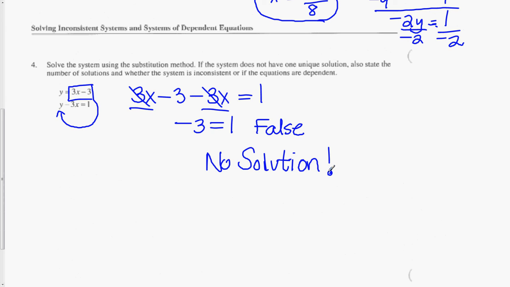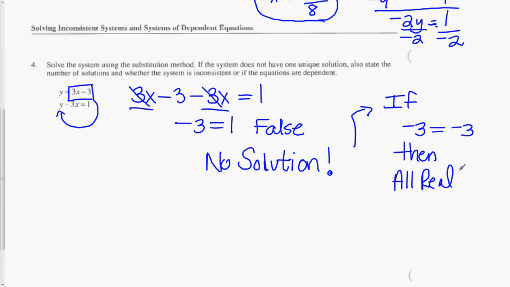If I had ended up with a true statement, so let's just say I had ended up with negative 3 equals negative 3, then I would have answered all real numbers. Sometimes they will call that infinite solutions.